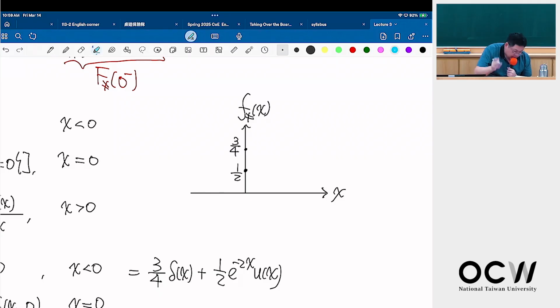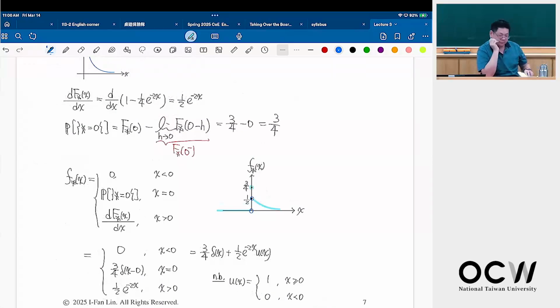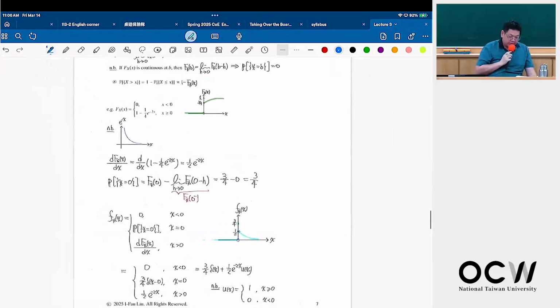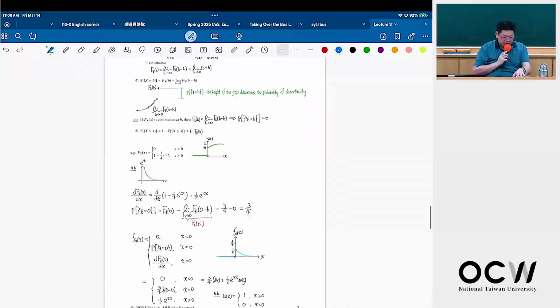When x is less than 0, it's all 0. When x equals 0, it's 3/4. And then later on, there'll be the exponential going down. So those are the properties of the PDF and the CDF.